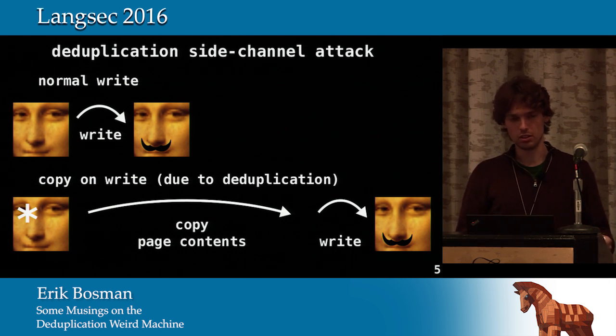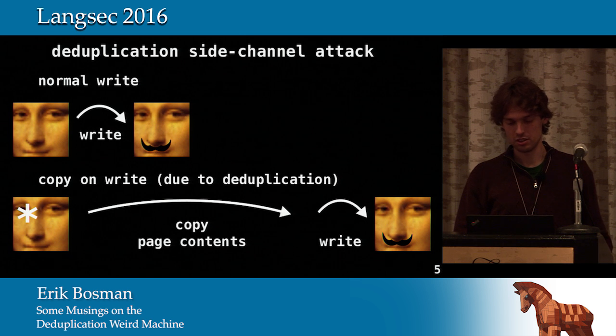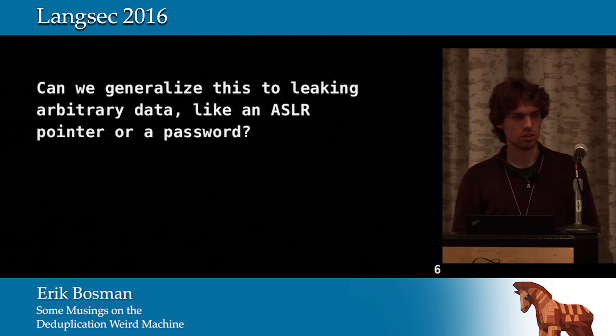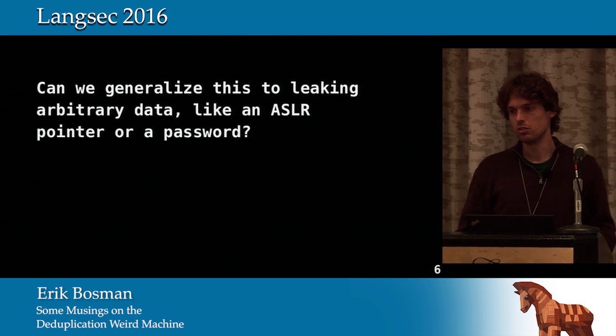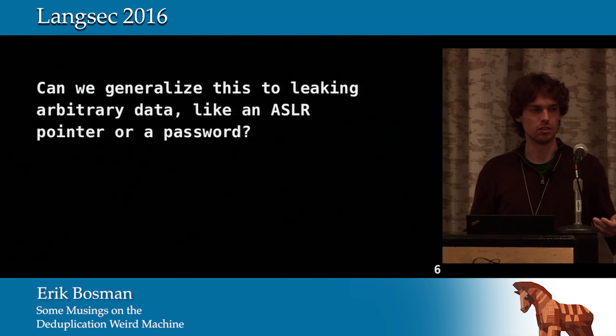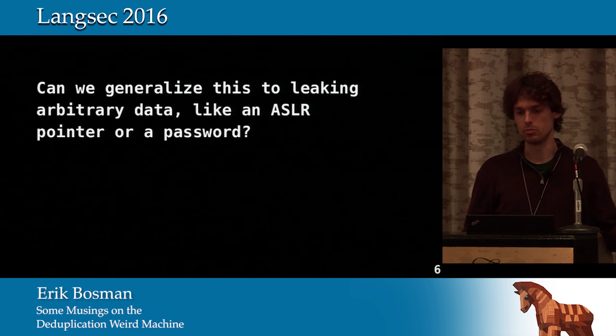It has to deduplicate the page before you can write to it, and this is measurable. So this is a neat trick, but all we can do is leak one bit of information, a confirmation that a certain page is in memory.